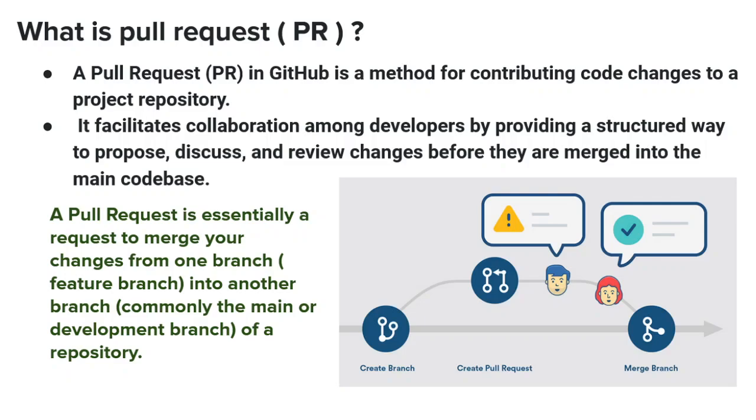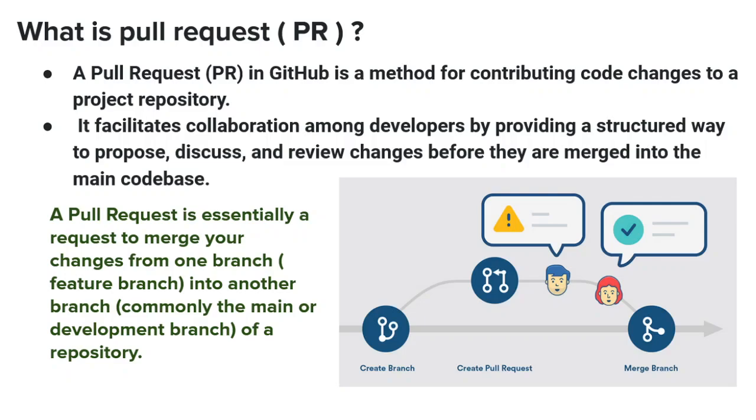Once he reviews the code and suggests some changes, the developer will make changes according to the review comments. And once all the review comment changes are done, they can give the code again for review, and if it is reviewed properly and approved by other developers, then that PR, or pull request, can be merged.